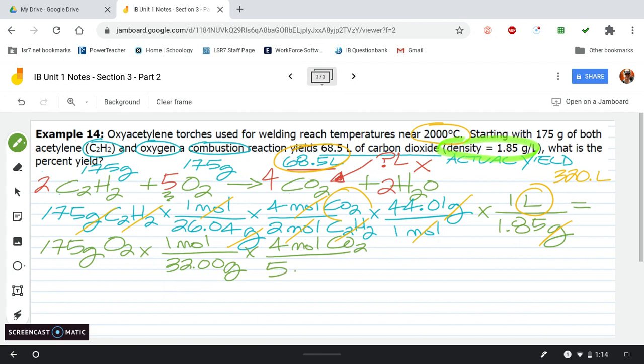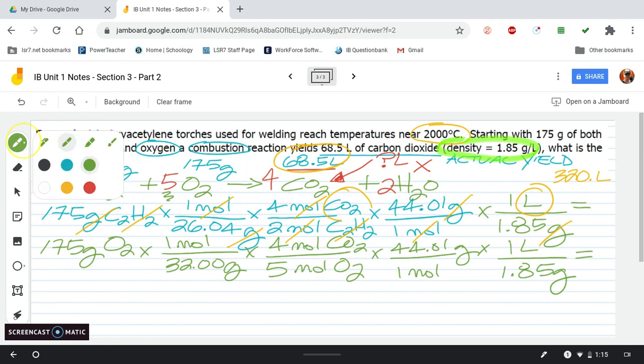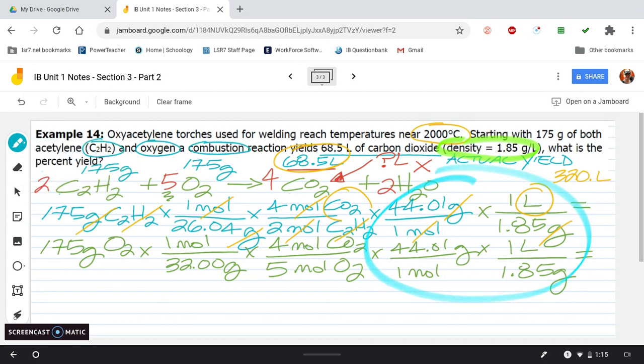Because of the 5 moles of O2. And then this is going to be identical: 44.01 grams for every 1 mole. And then our last step is going to be the same, 1 liter on top, 1.85 grams. We're using the same density because it's the same chemical, so these are identical for both.